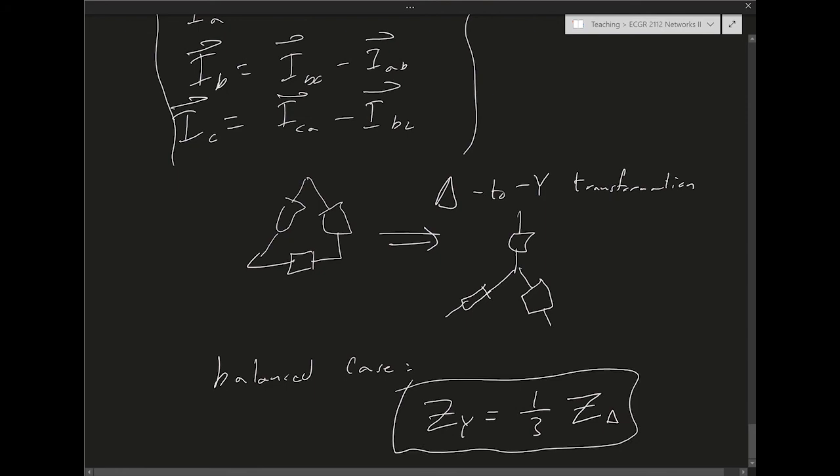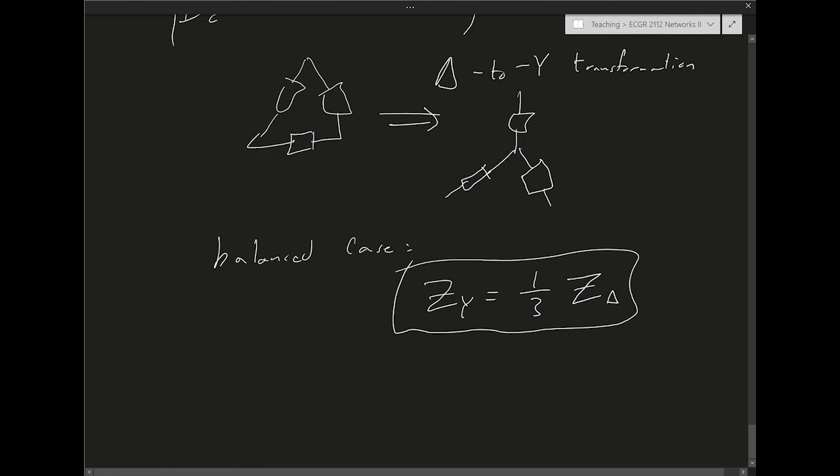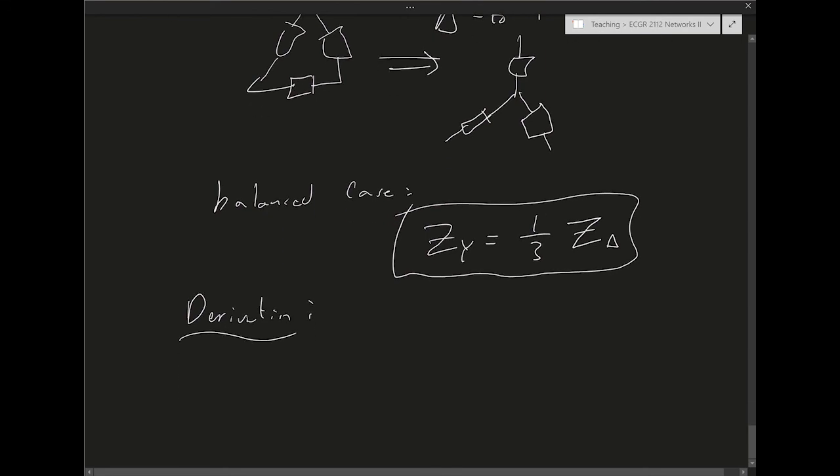Right? But we don't have to take it as a matter of faith. I mean, let's derive this. Okay, let's do that. All right. So we want to find the equivalent Y impedance to Z delta, such that if I take IA times ZY, what should I get? I should get VAN, right?